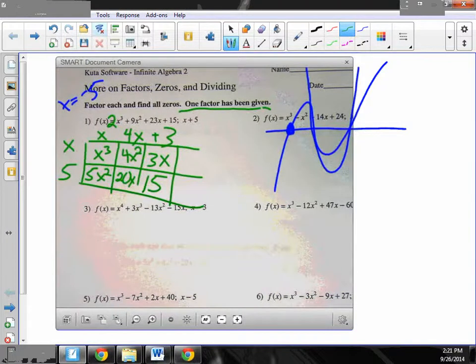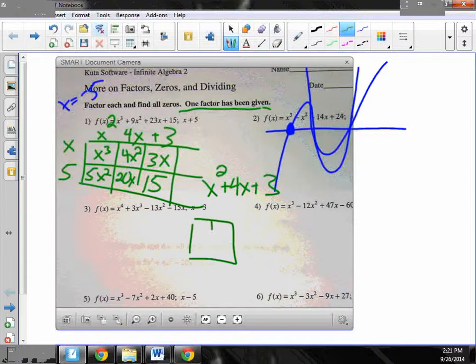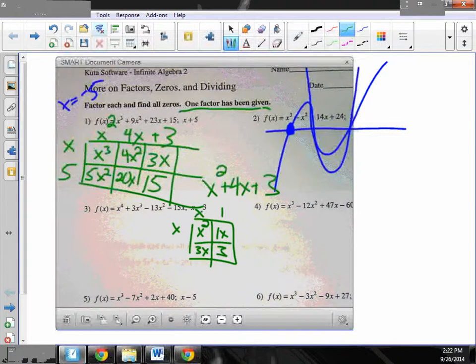So now I have x squared plus 4x plus 3. How do I find the other 2 roots? Factor. So x squared and 3. Are there factors of 3 that add to be 4? So 1x and 3x. So x, 1, and 3.